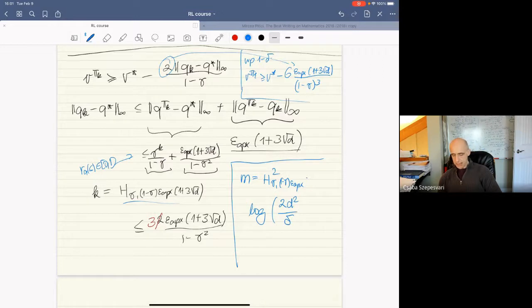And if I divide the delta here by k, like this value here, at h gamma 1 minus gamma and so on, it goes up.